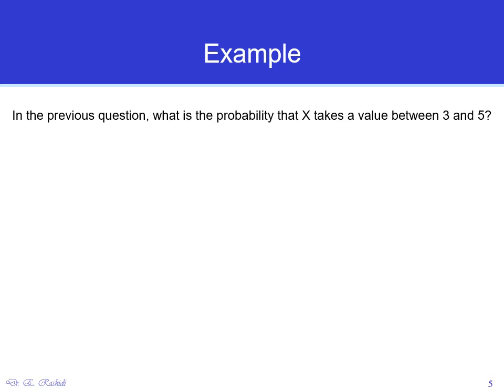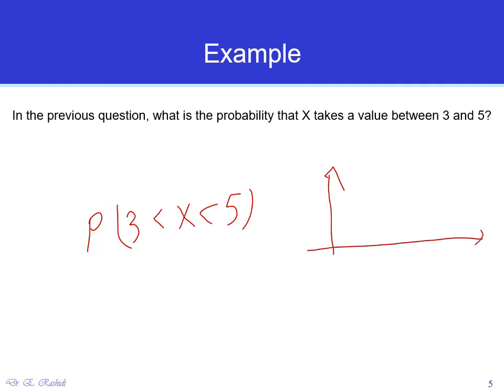So we know that for continuous distribution, the probability of a random value between two values, here 3 and 5, is actually the shaded area between 3 and 5 of the probability density function. So if we plot the distribution here, it's going to be something like this.